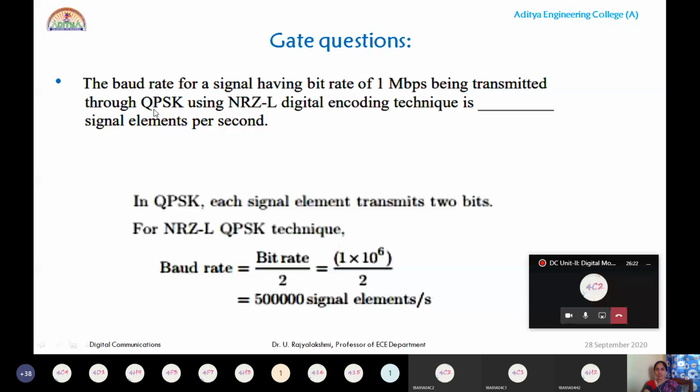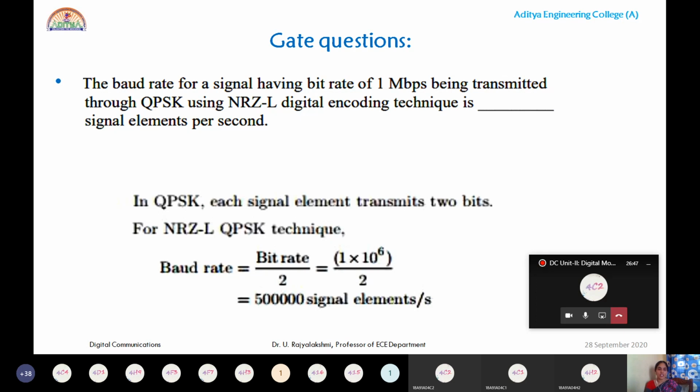Next question, please all of the students carefully observe this question. Based on this equation, you will get more number of questions. Here you are asked to calculate the baud rate. What is baud rate? In general, the symbol rate is called the baud rate.